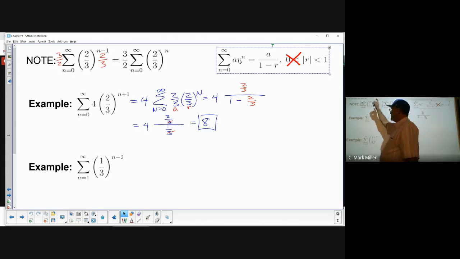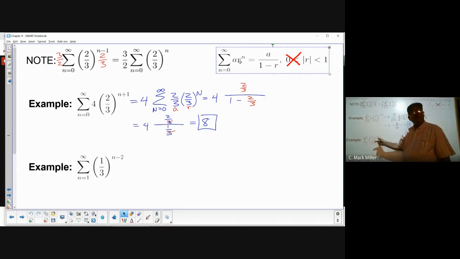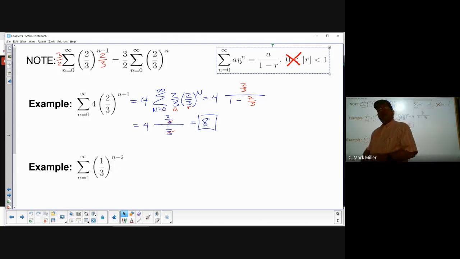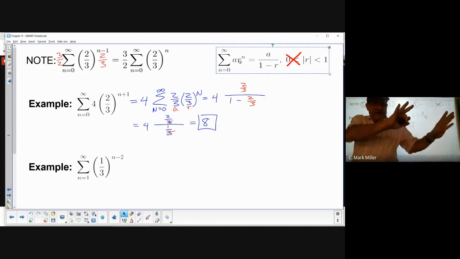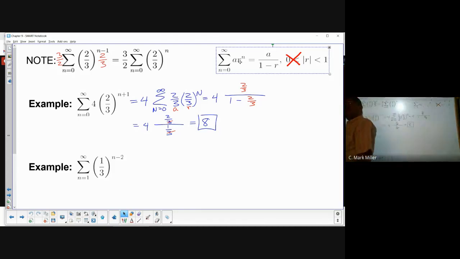Here we don't start at 0 and we don't have n. So you've got to learn to shift these indices so that you can apply the formula, and you add and subtract things to compensate.